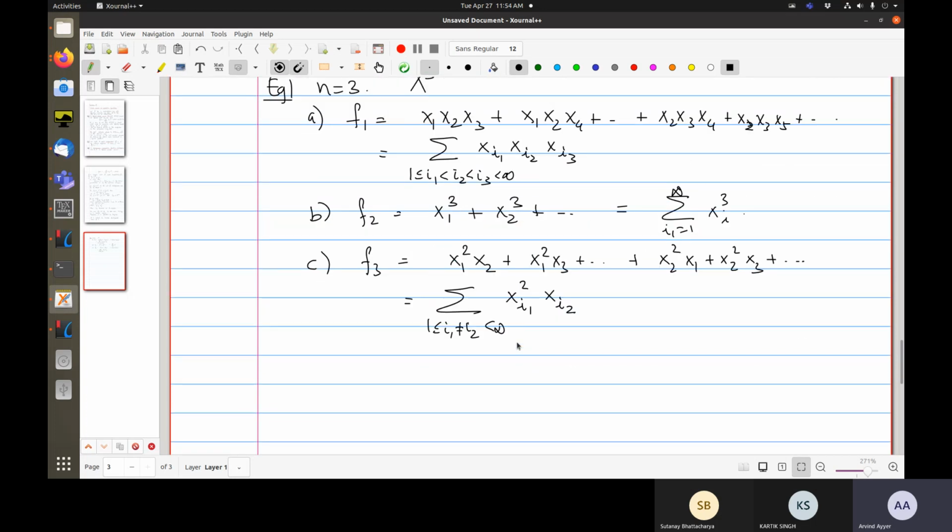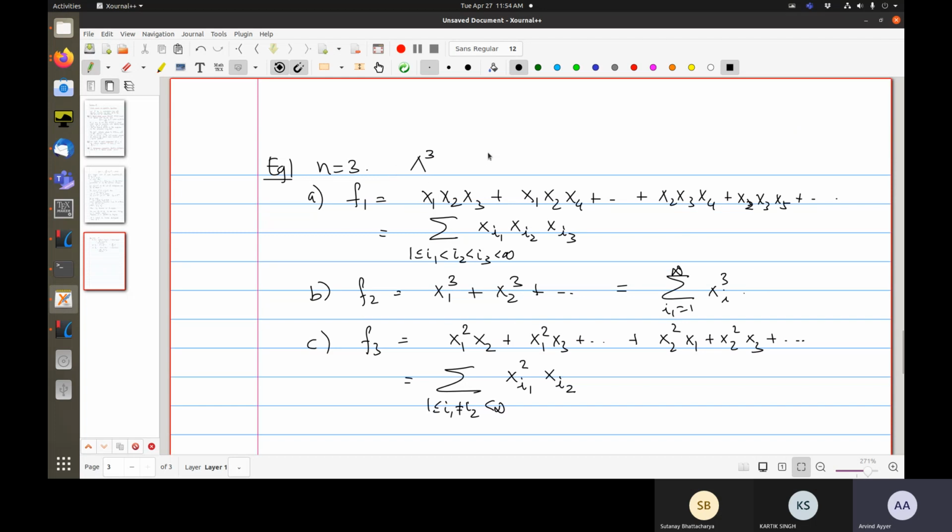So these are all three in some sense. Any other elements? Okay, so I claim that any other element of lambda 3 can be written as some combination of these.